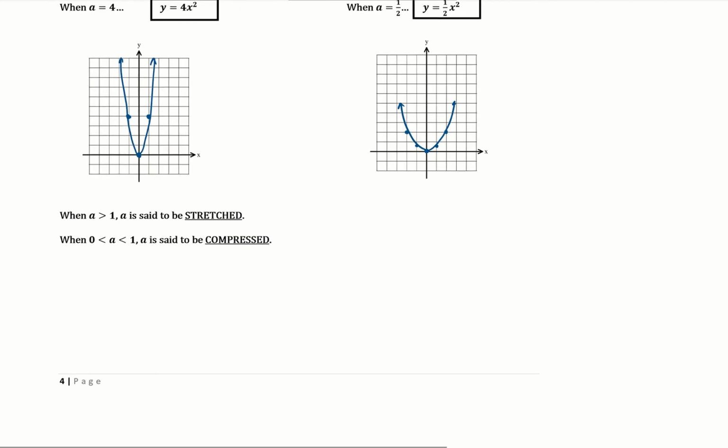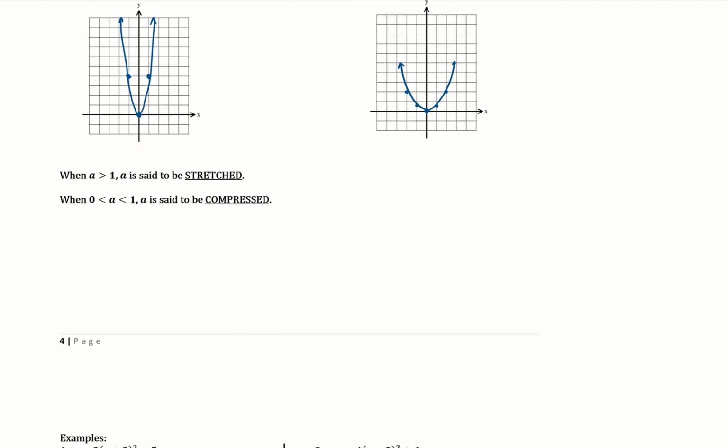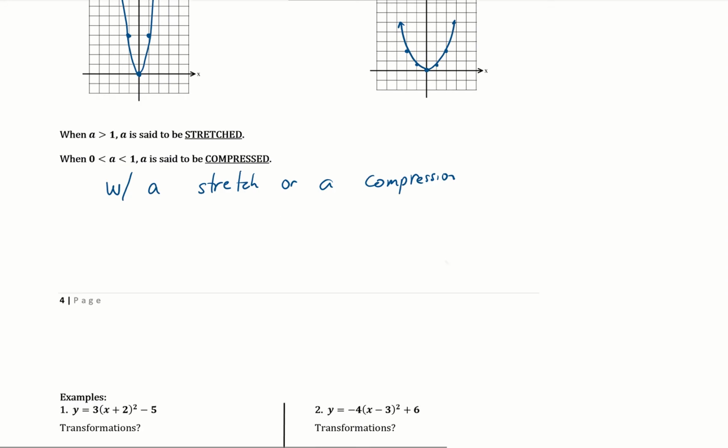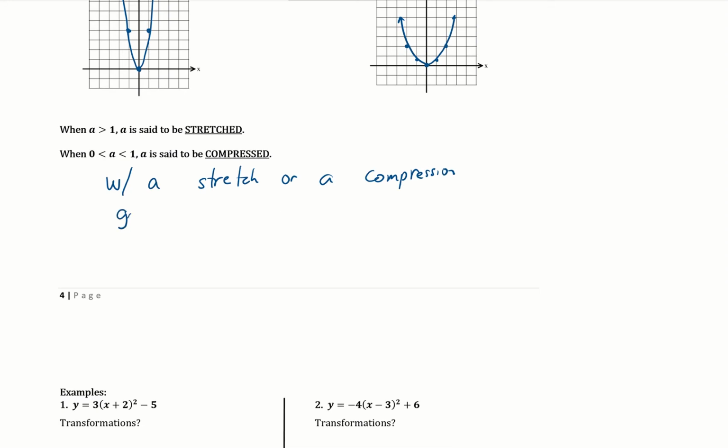So one thing we want to keep in mind is when the graph is stretched or compressed. With any stretch or compression, from the vertex, you're going to go over 1, and then you're going to go up a times 1. So whatever a is, you multiply that by 1, and that's what you go up.